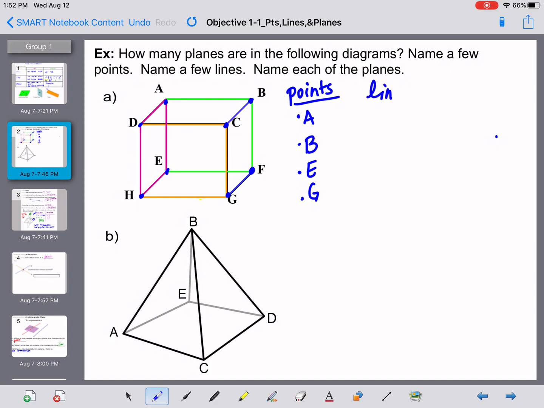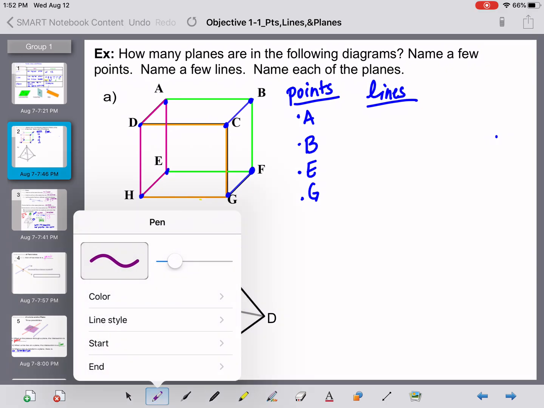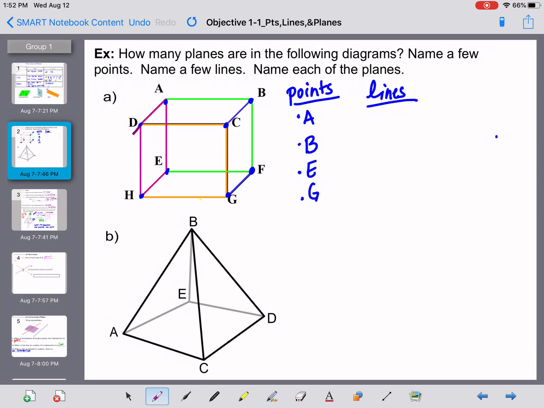So let's name a few lines. So our lines are going to be like this. That would be a line. This would be a line. Here's a line. So we've got AD. Or you could have called it DA.